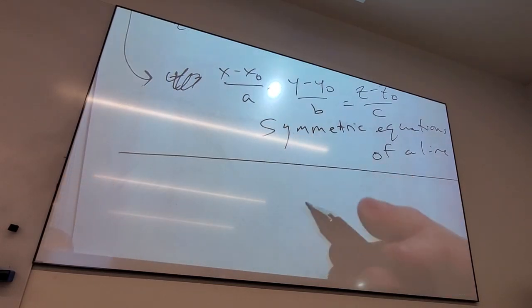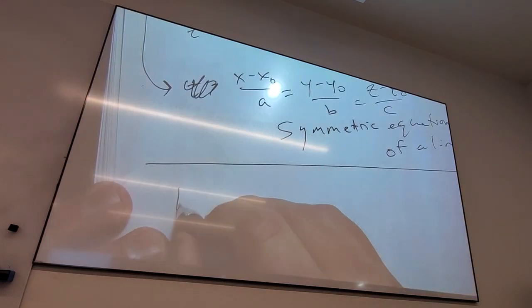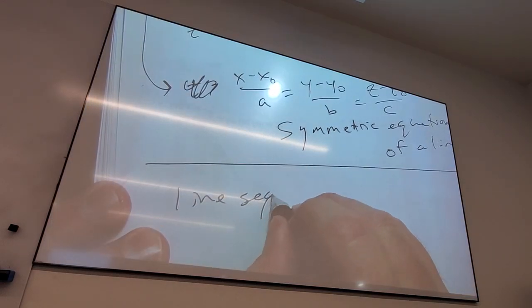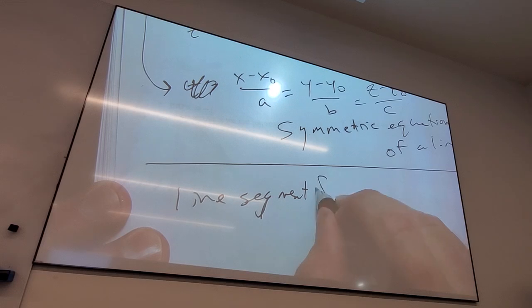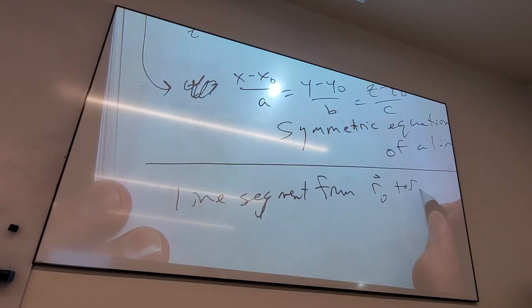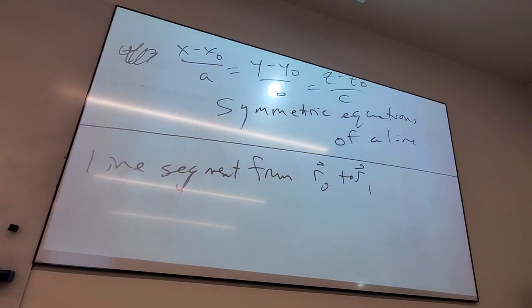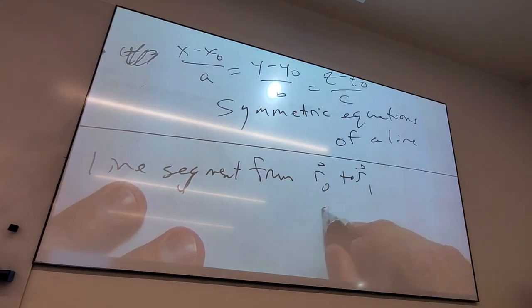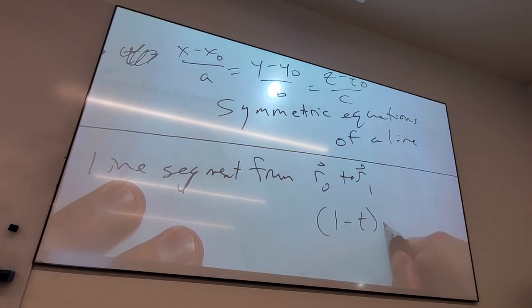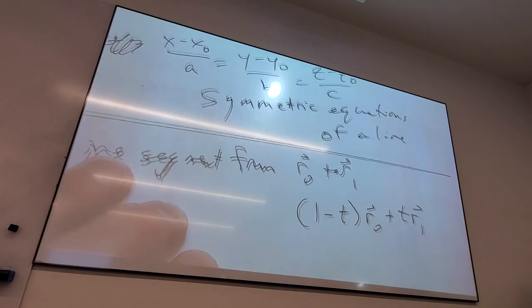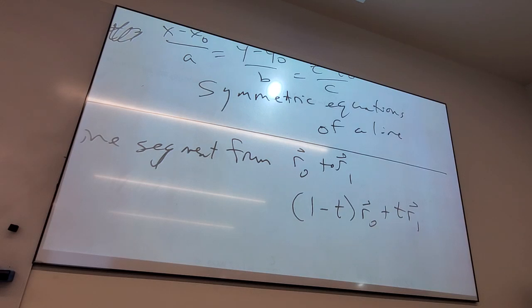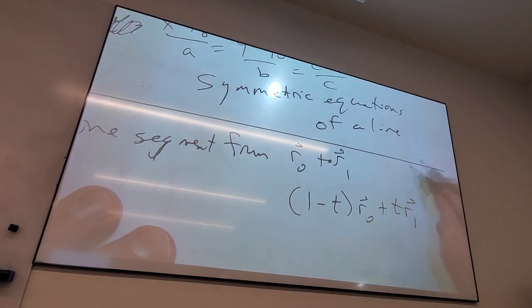One little thing that comes up, if I just want a line segment from R naught to R1, let's say. They give me 2 points and they just want a line segment between the two. If you have any experience with general parametric equations, this would be t goes from 0 to 1.